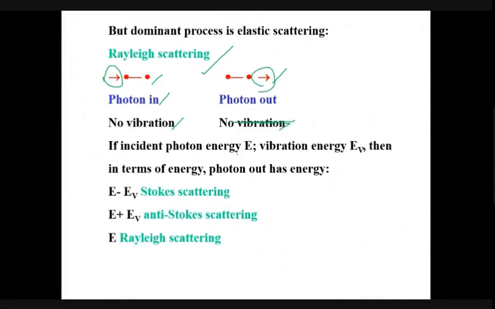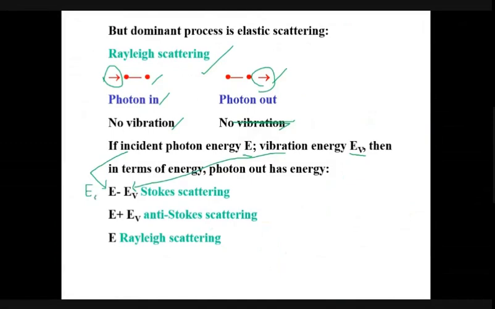Incident photon has energy E, vibrational energy is EV, then in terms of energy, photon out has energy equal to E minus EV. Okay. Now, for this first term, I will explain E again. E is incident photon energy. And what is EV? EV is vibration energy, and what we are looking at here is energy of photon out.